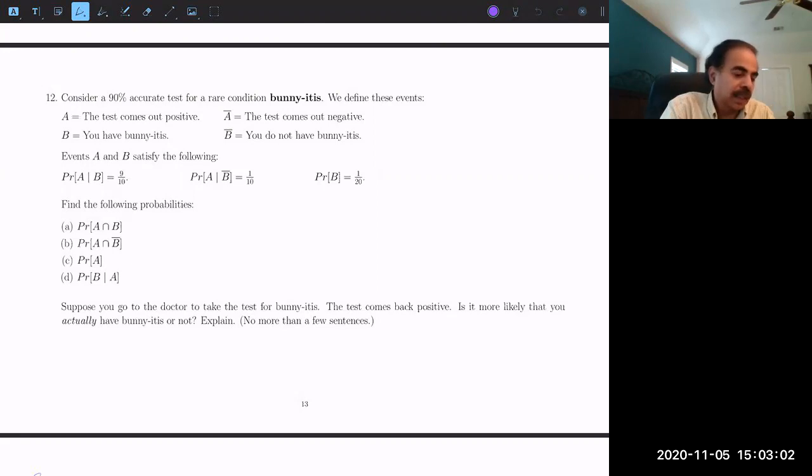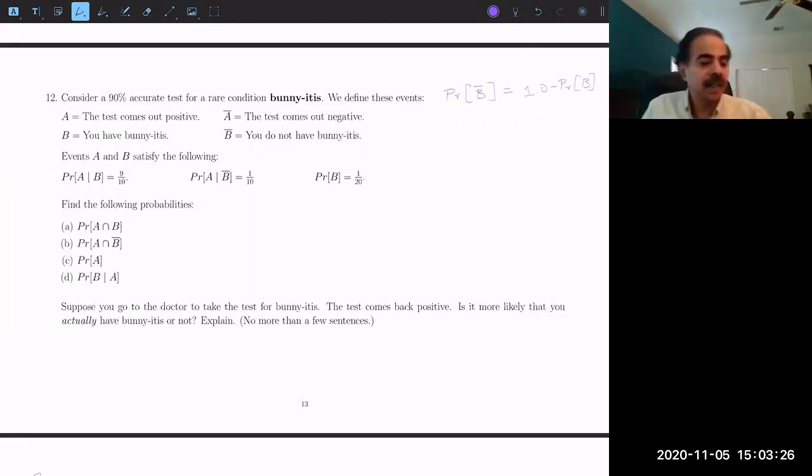So let's start by writing down something that's quite obvious, such as probability of not B is 1.0 minus probability of B, right? So this is always true, right?